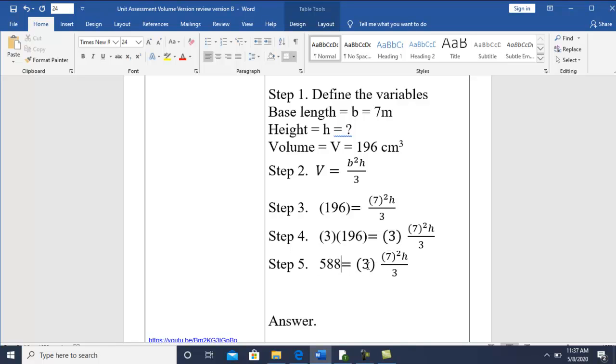So 588. And then on the right side, the 3's are going to cancel out.